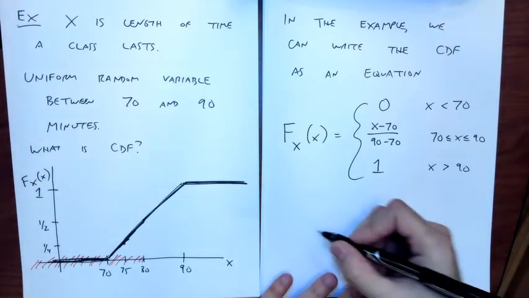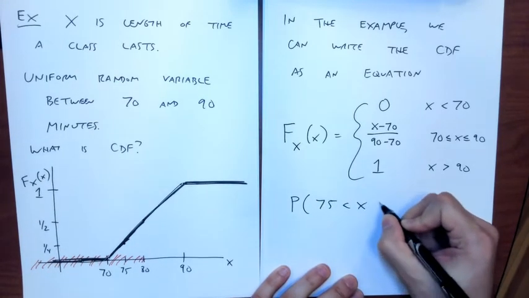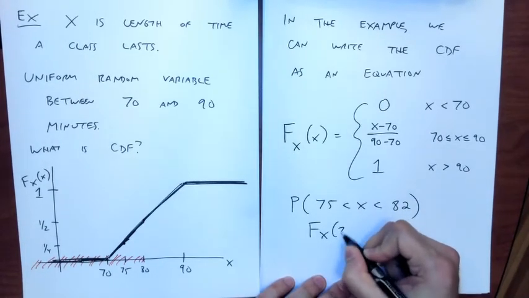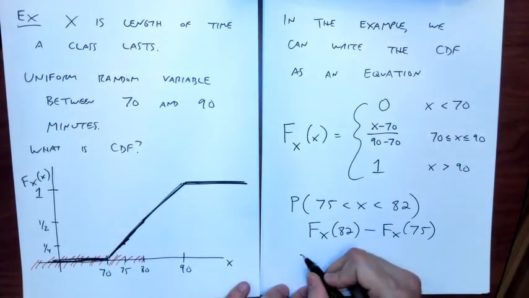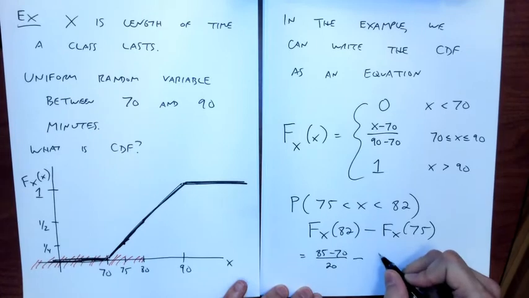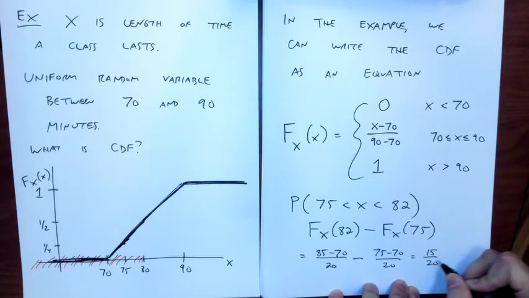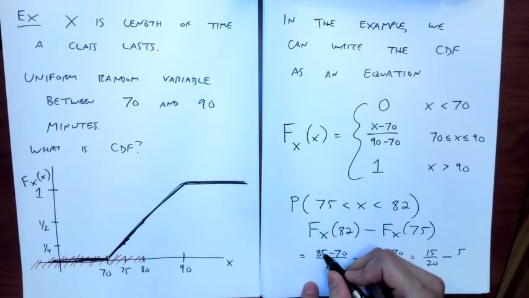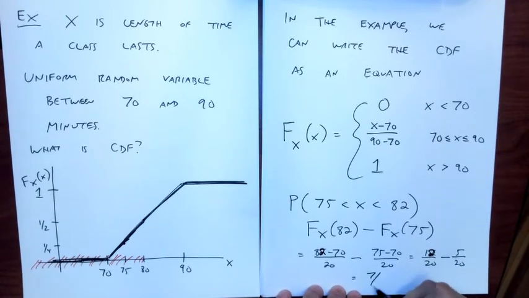And so then if I wanted to ask, okay, what's the probability that x is in the range 75 to 82, I could plug that in and say, I just have to compute the CDF at 82 and the CDF at 75 and subtract those two things, right? So what is that? That's 85 minus 70 over 20 minus 75 minus 70 over 20. So it's 15 over 20 minus 5 over 20. Wait a second. That's not right. 82. 12 over 20 minus 5 over 20 gives me 7 over 20.